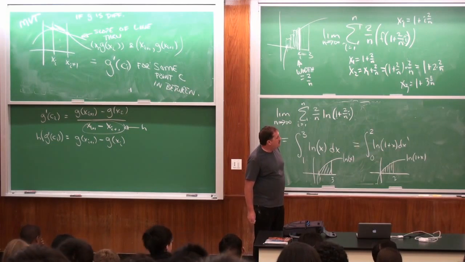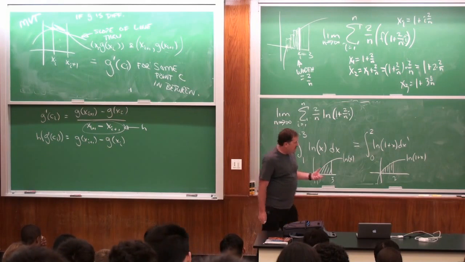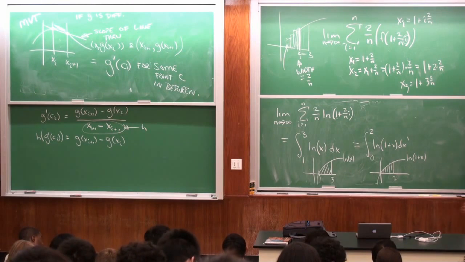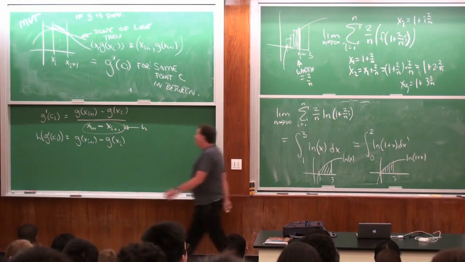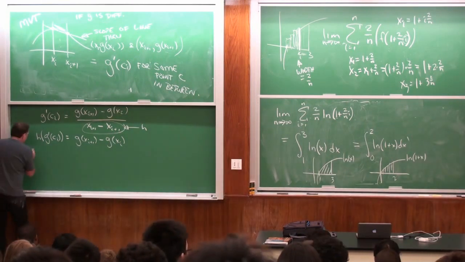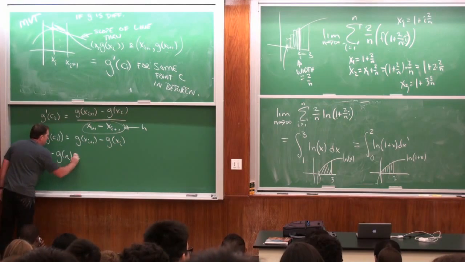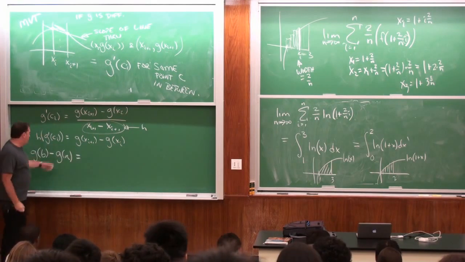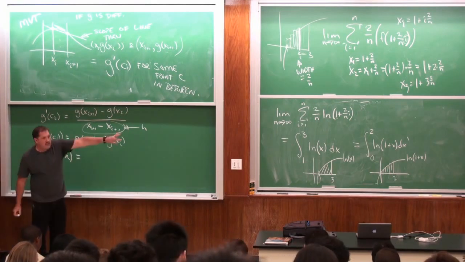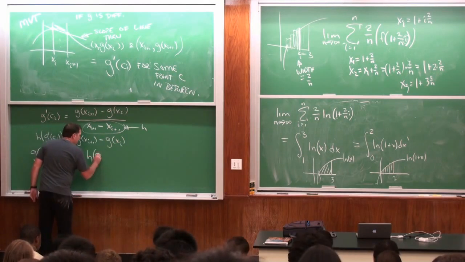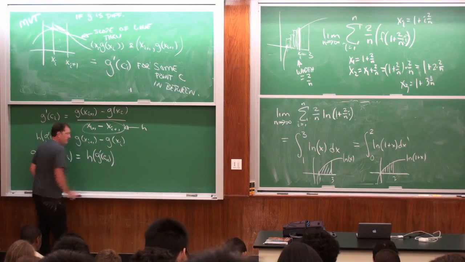I'm trying to turn this into an image. So what is this? I guess I'm going to write it over there. Sorry, I keep running back and forth. So that means that I've just shown that g of b minus g of a is going to be, well, that first thing over there is h times g prime of Cn.